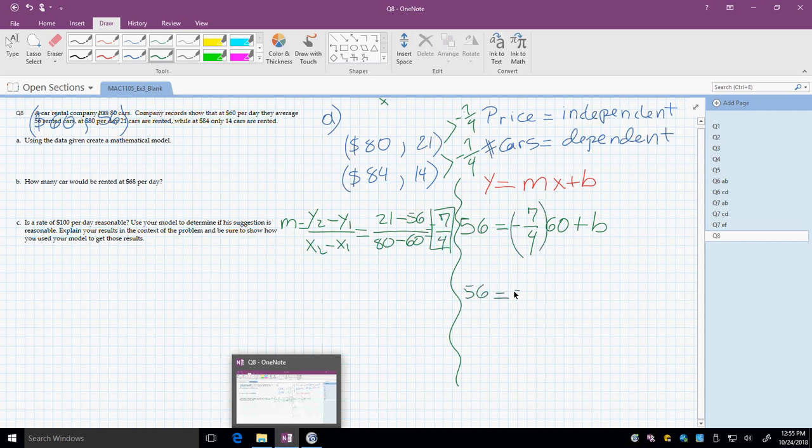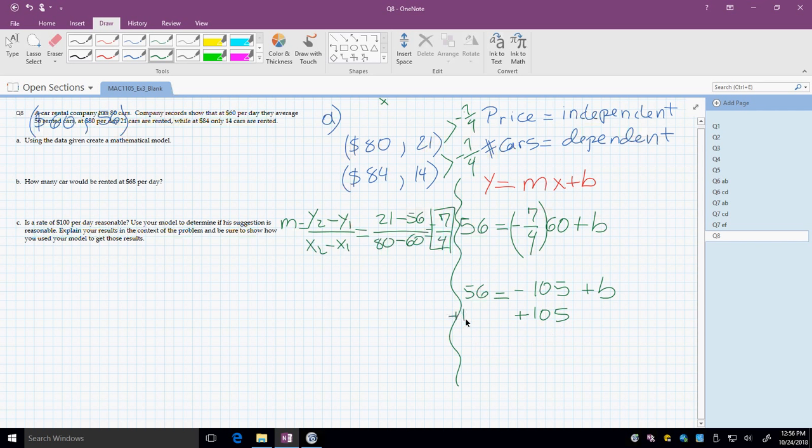The slope is negative 7 over 4. If I add 105 to both sides, it's going to cancel, and here I'm going to get that b is equal to 161.